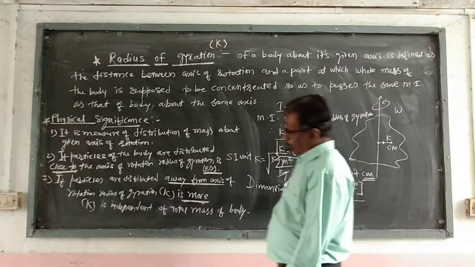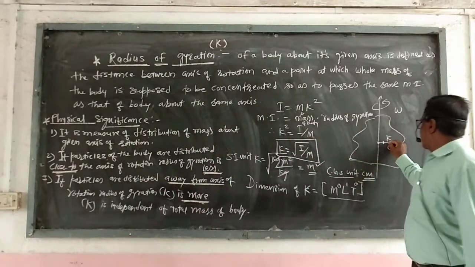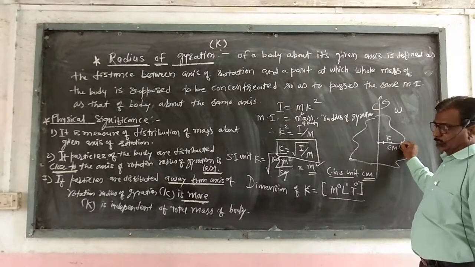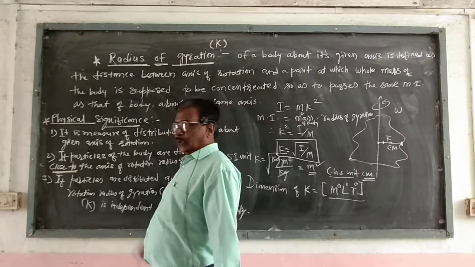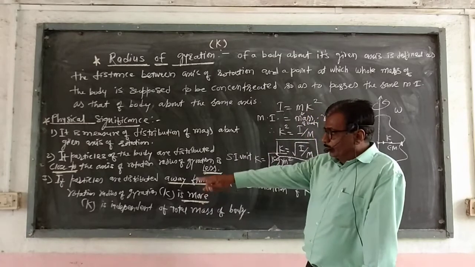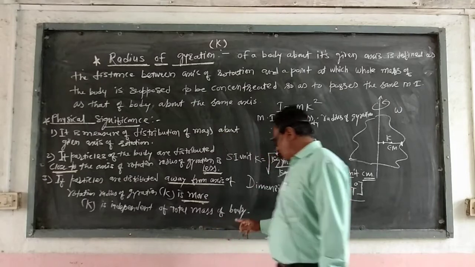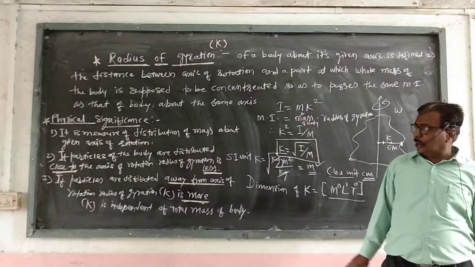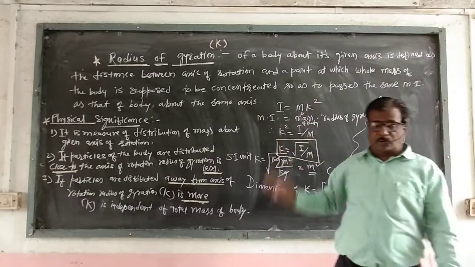Number 3: if particles are distributed away from the axis of rotation, that means the distance is large, then the radius of gyration, or value of K, is more. That means the radius of gyration K is independent of the total mass of the body. So that is about the physical significance of radius of gyration.